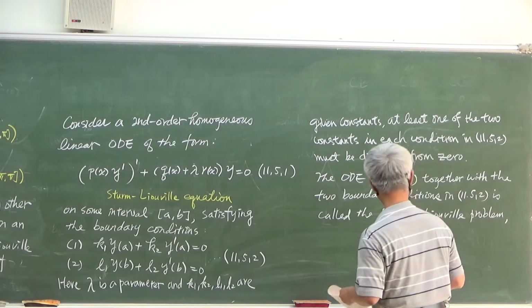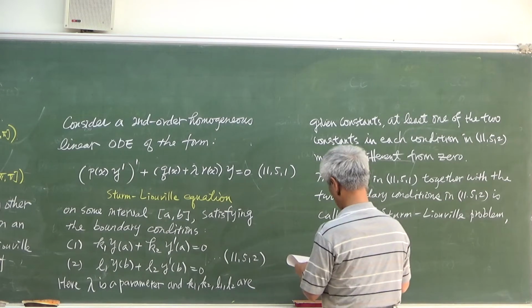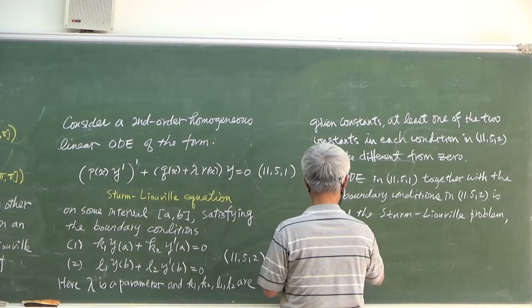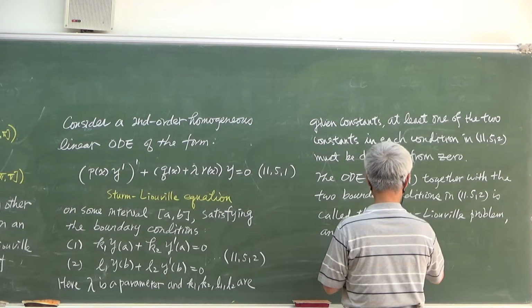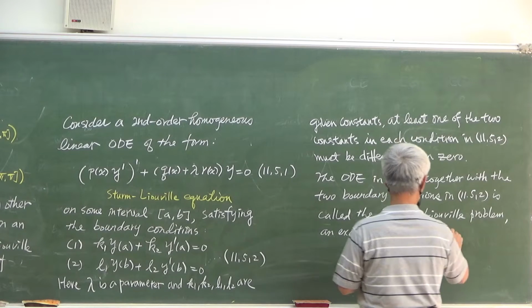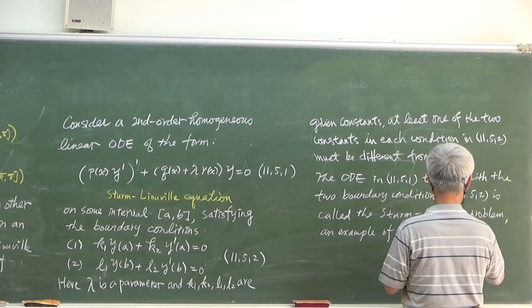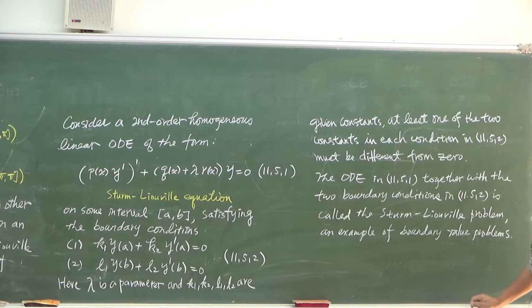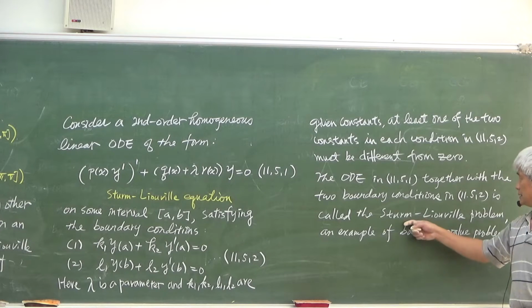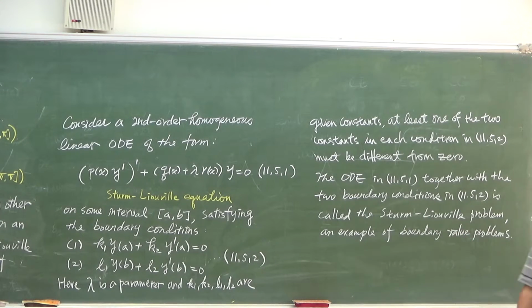Okay, and the Sturm-Liouville problem is an example of a boundary value problem. Of course, there are many boundary value problems. And the Sturm-Liouville problem is one of the important problems.